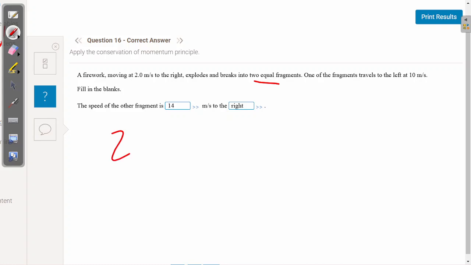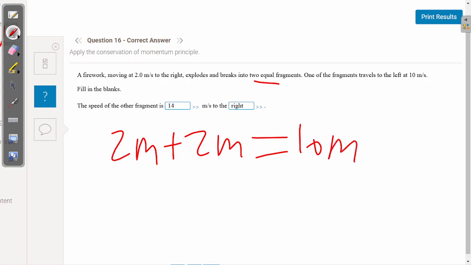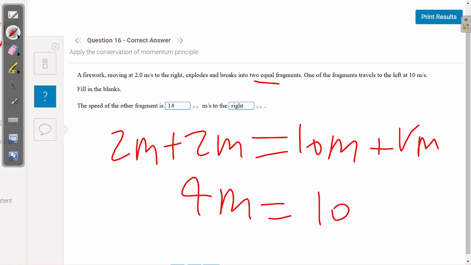They had the same velocity at the beginning because they were part of the firework, right? 2m plus 2m equals 10m plus the other fragment, which we're trying to find, vm. So 4m equals 10m plus vm.